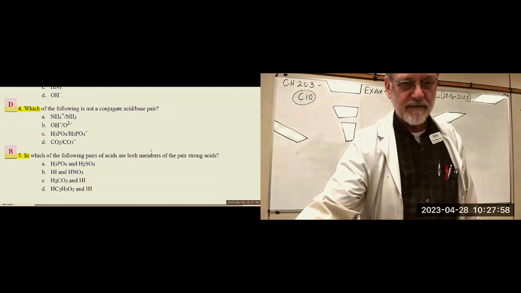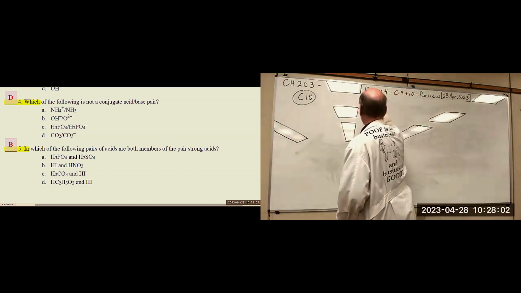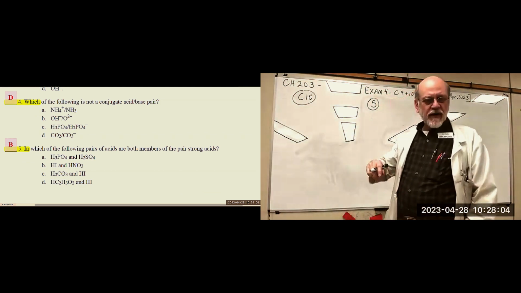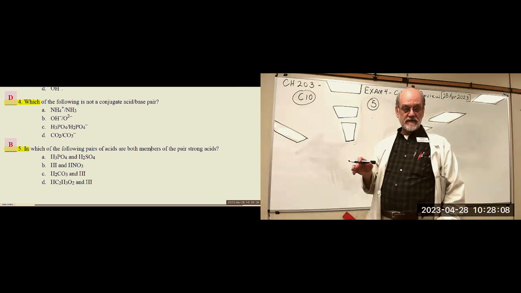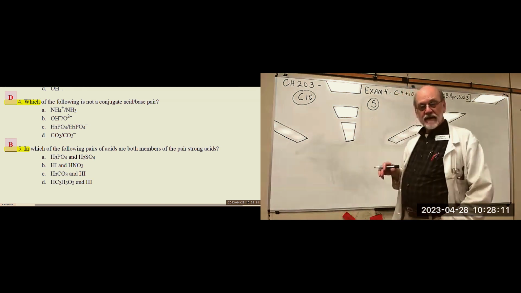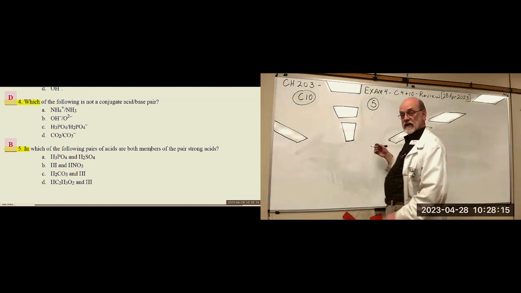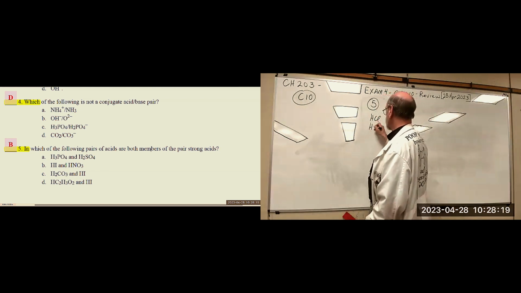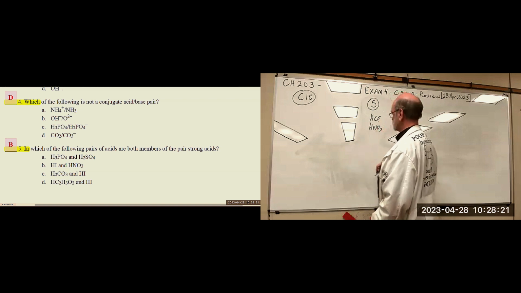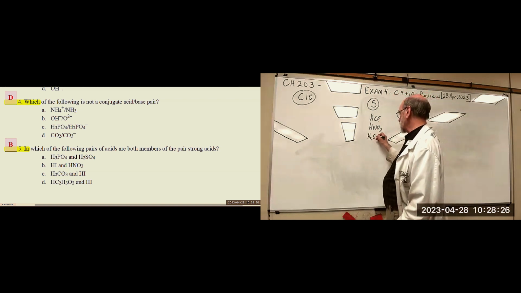We got a 5. In which of the following pairs of acids are both members of the pair strong acids? Let's just list the strong acids that we were given in the discussion earlier: HCl, HNO3, H2SO4.